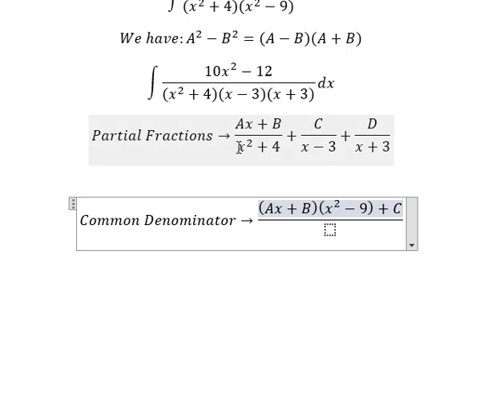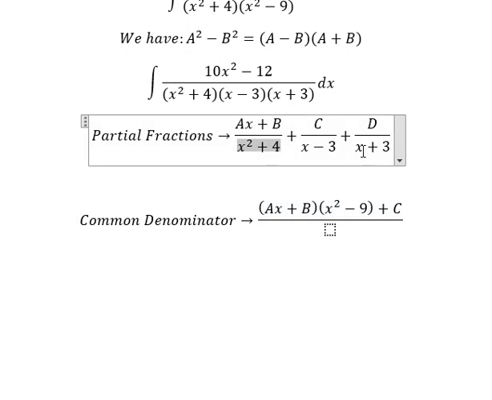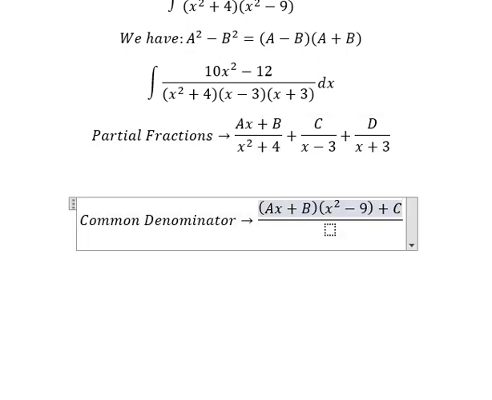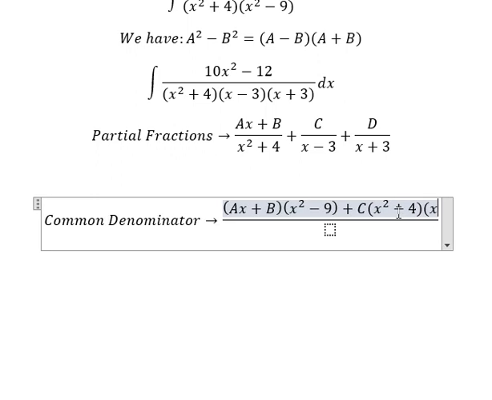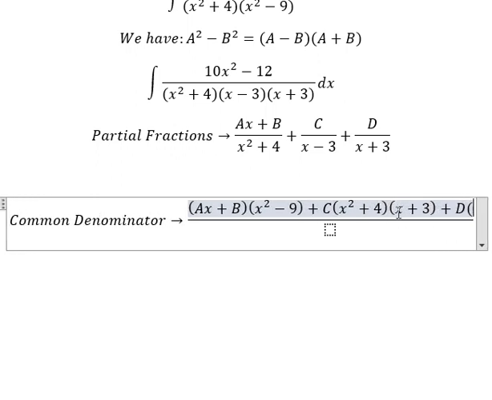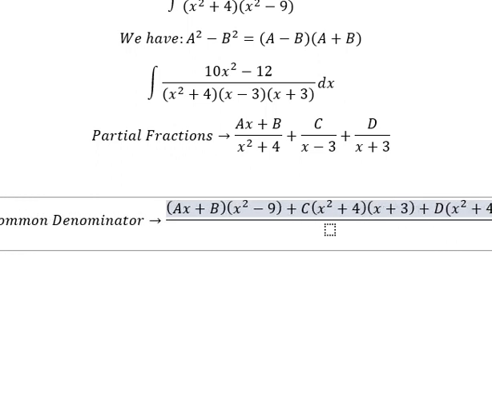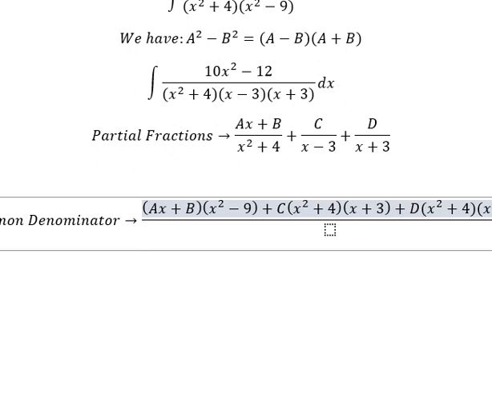About c, it is missing this one and this one. So for c, multiplied by this one and this one. Similar for d, but that is about x minus number 3.